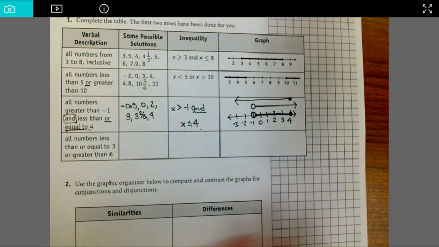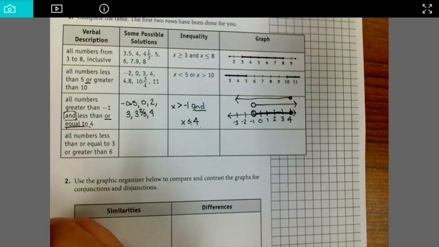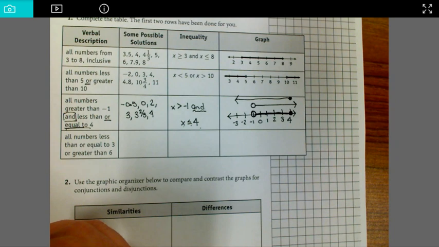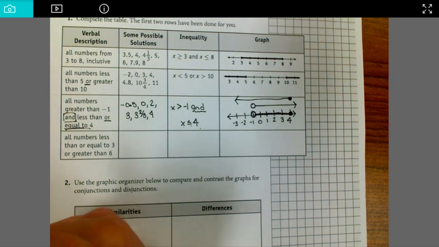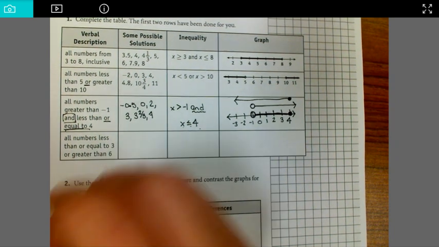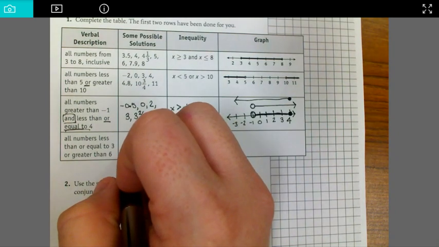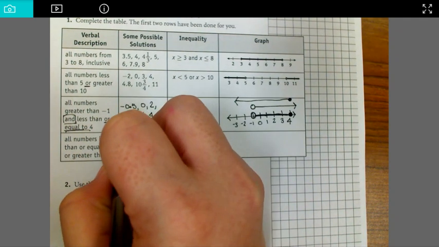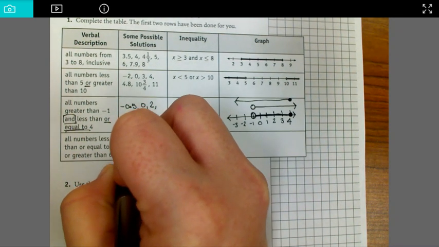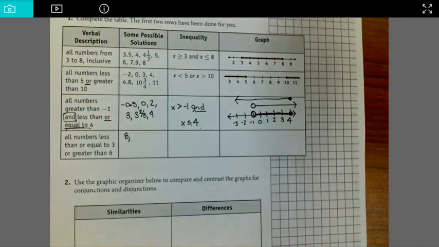Okay, let's take a look at row 4. All numbers less than or equal to 3 or greater than 6. So numbers that are less than or equal to 3. Okay, so I could be including numbers like 3, obviously, right? And again, I want numbers that are less than or equal to.